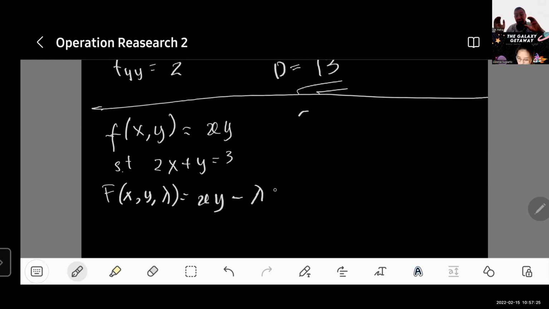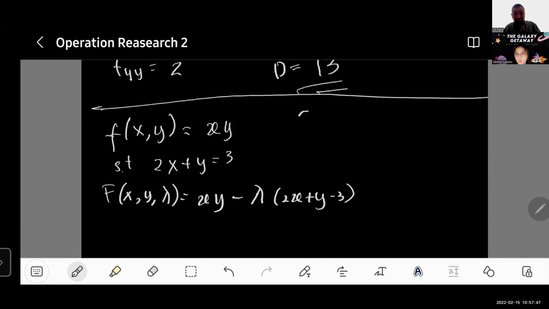But the constraint must be g(x, y) equals 0. That means you put the right hand side to the left hand side, so 2x plus y minus 3. Very good. Now you already formed the Lagrangian.